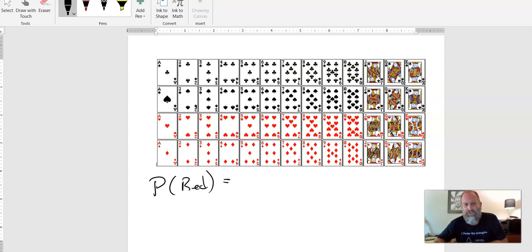If you just look at this, you can see that half of the cards are red. So the probability needs to be one half. You can count them all out and get 26 over 52. And when you reduce that, you end up with one half because 26 goes into 52 twice, or 0.5.